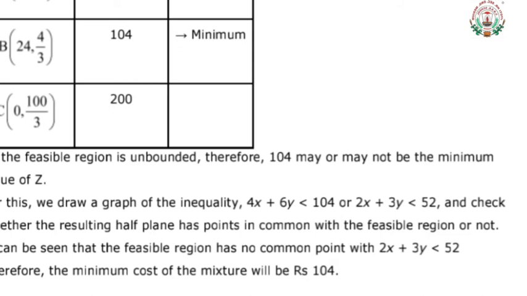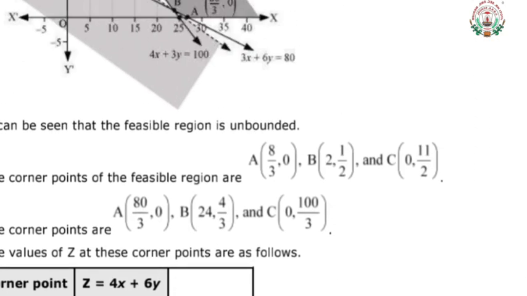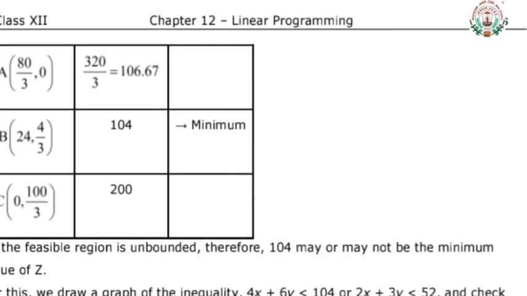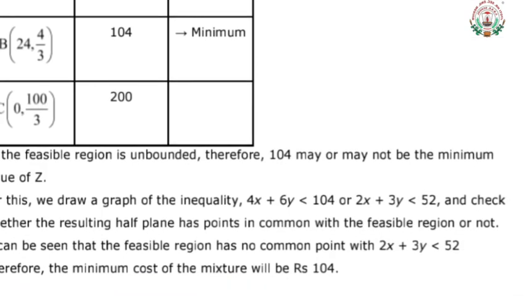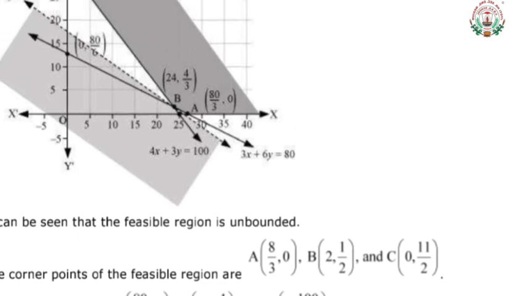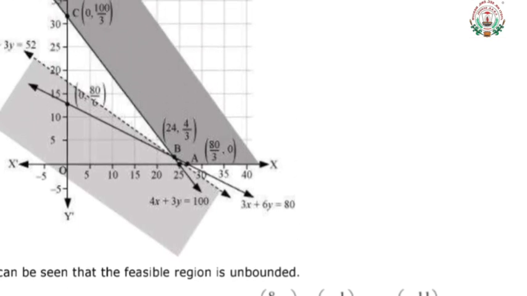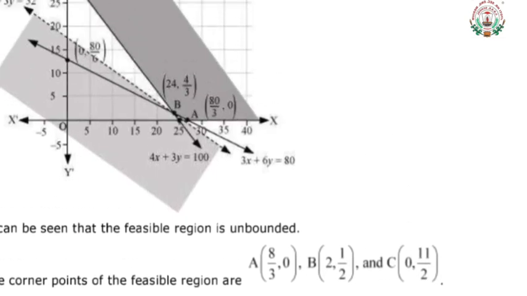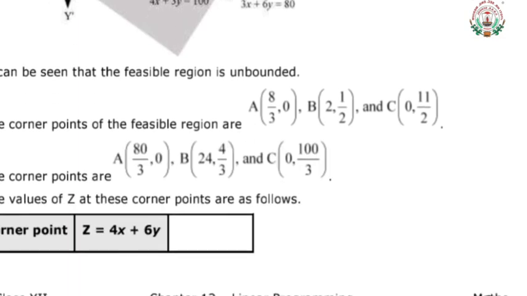When we plot the graph for the equation 2x plus 3y equals 52, this dotted line is our graph. We first find 2 or 3 solutions, then plot the graph for this equation, 2x plus 3y equals 52, and that line will be drawn with dotted lines. The intersecting point of the 3 lines is (24, 4/3).